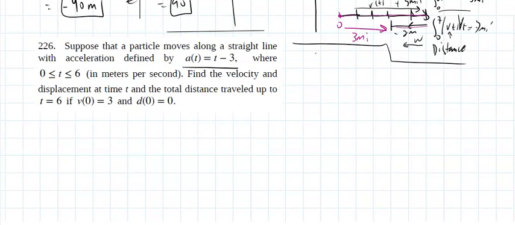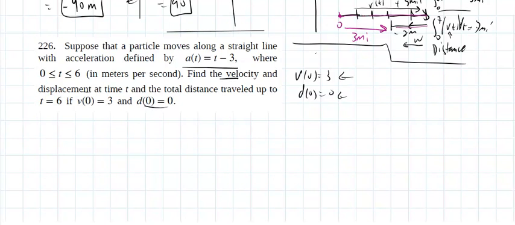So now, they tell you that the velocity at 0 is 3. And the original distance, you're starting at the origin. Okay, very good. Because every time you integrate, you pick initial values.